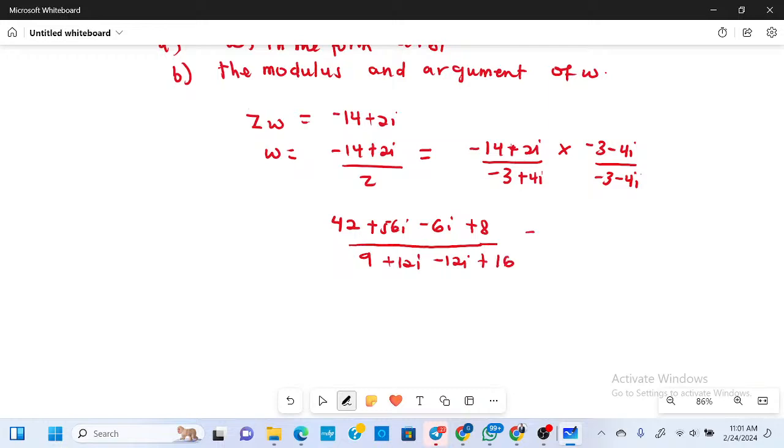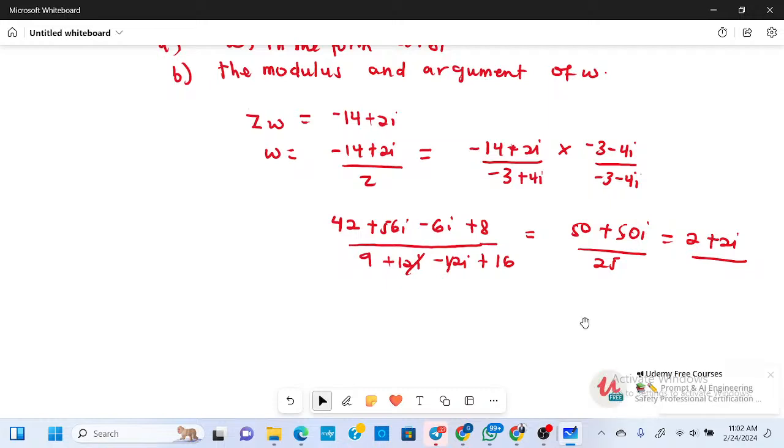At this point, I have 42 plus 8, which is 50. 56i minus 6i, which is also plus 50i. All over the expression, this cancels this. 9 plus 16 is giving us 25, right? So I'm going to get 2 plus 2i as the final value for w.